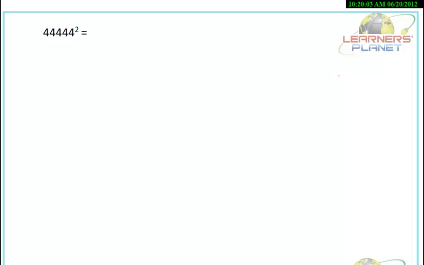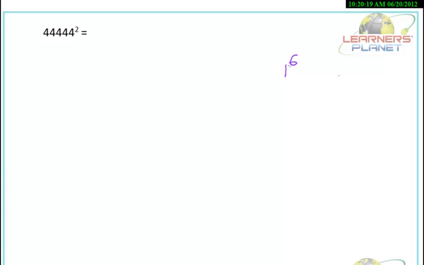Now let's see the square of 44,444. Same as in the previous case. We'll be counting the table of 16 up to 5 terms. Let's begin.